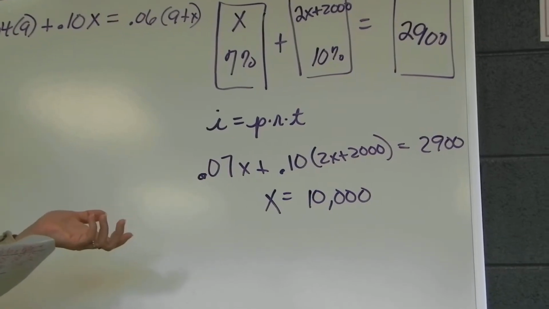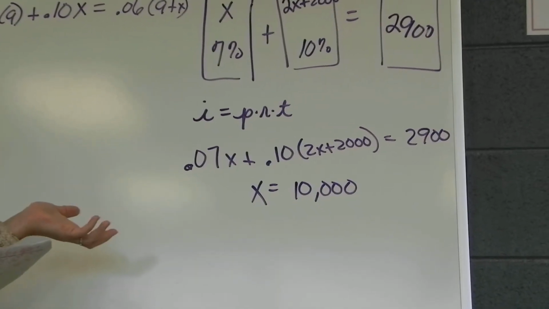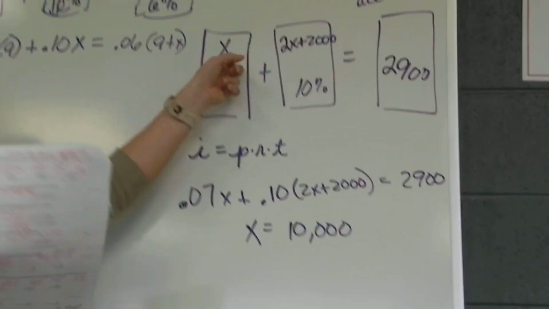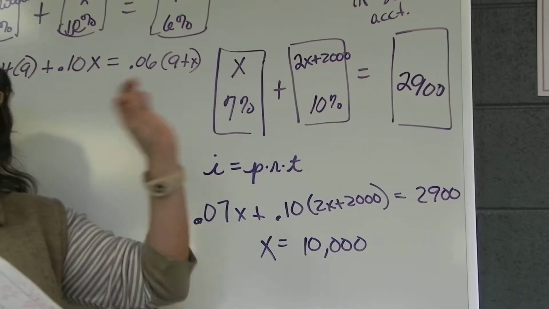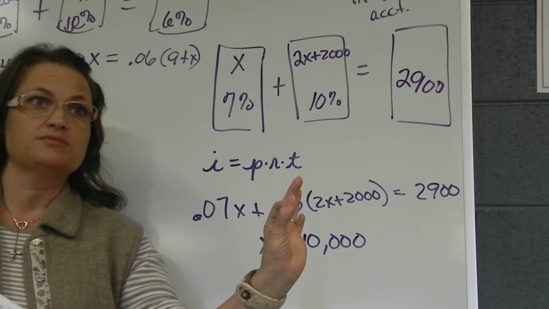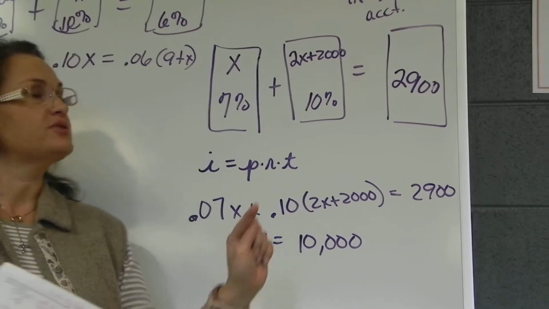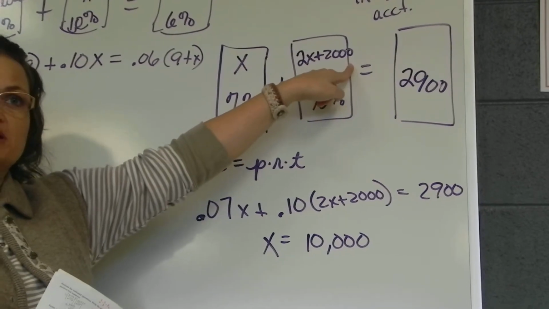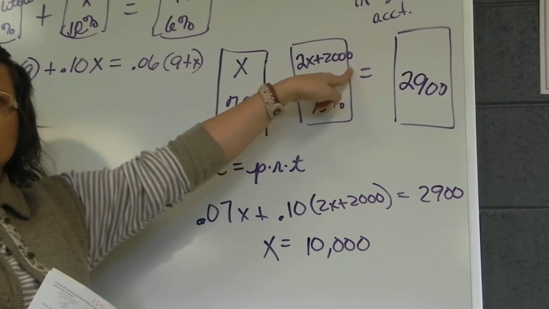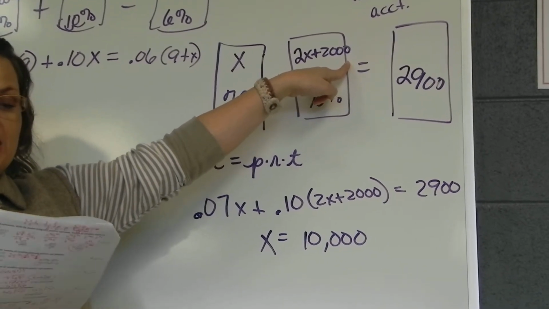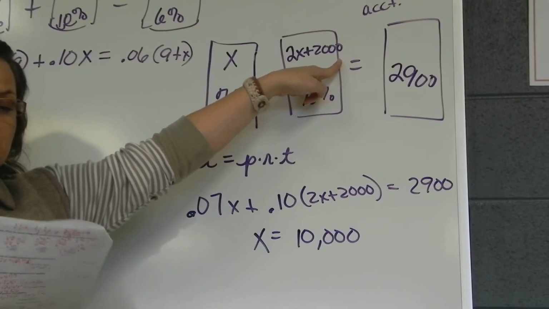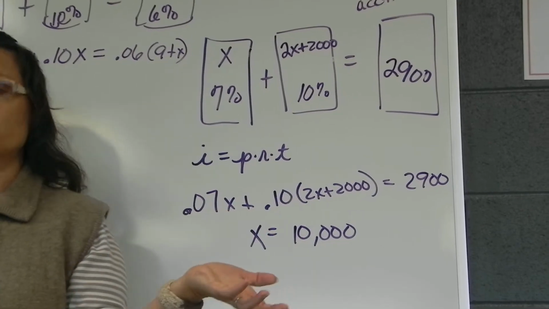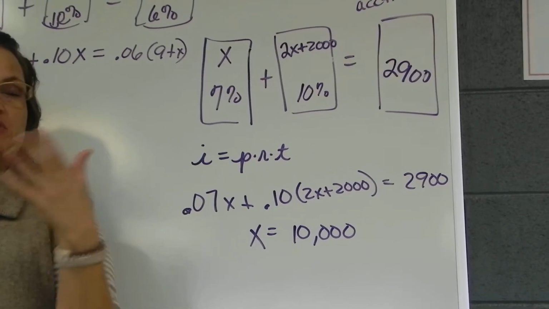The question was, how much was invested at 10%? So now that I've solved for X, X represents how I designed this problem. It represents how much I put in at 7%. But the question is 10%, so I need to follow up and say the 10% amount is 2X plus 2,000. Did you catch that? To get the real answer, and luckily on this one, 10,000 is not a choice, so you probably knew something was up and to keep working.